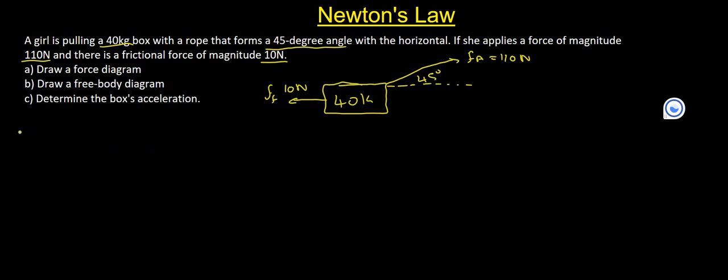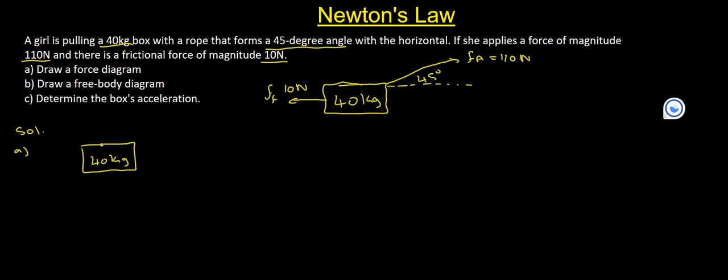Then question number 1 says, draw a force diagram. For us to draw the force diagram, let's draw our diagram first. And we need all the forces that are acting on the box. This will be our 40 kg. So how many forces are acting on this diagram?